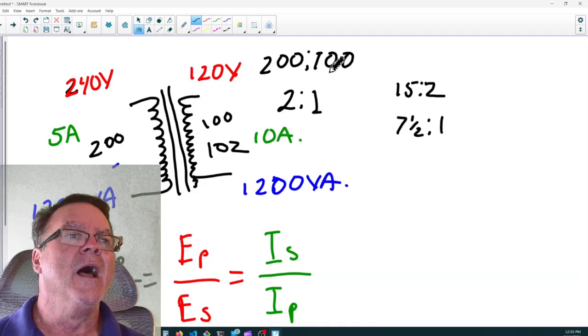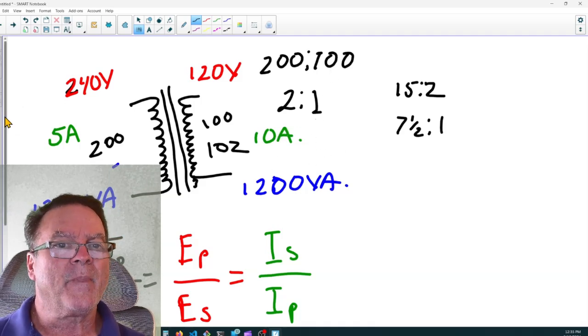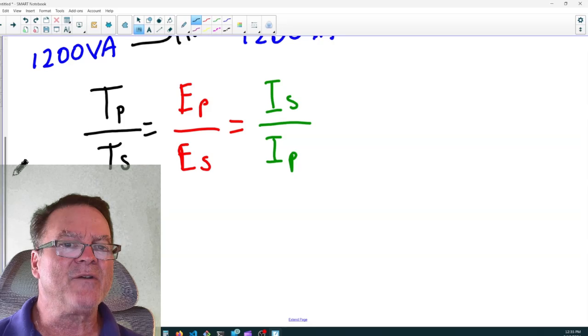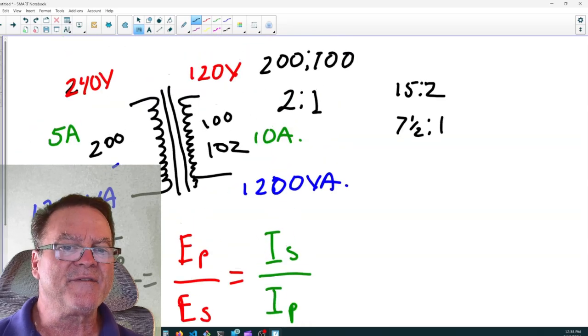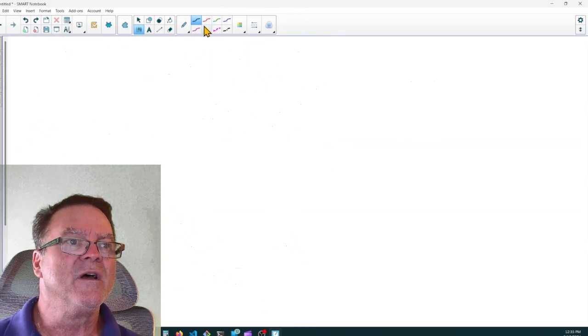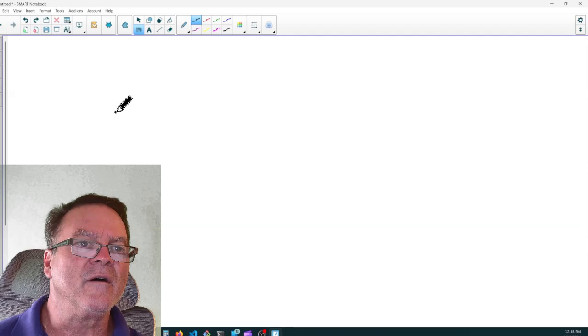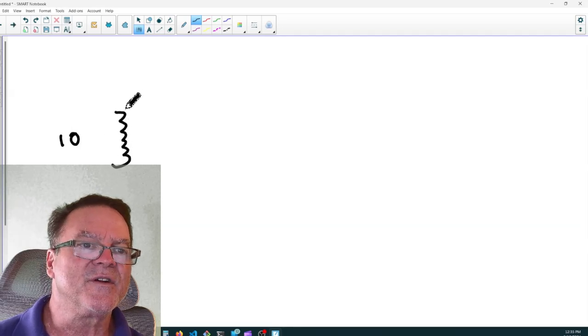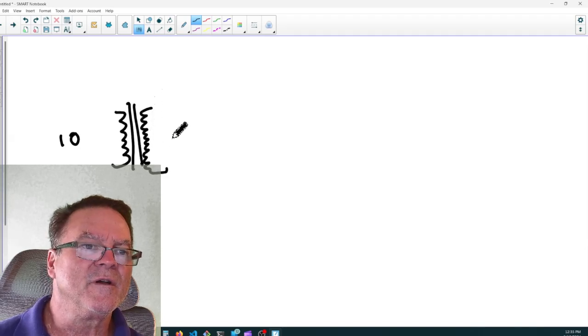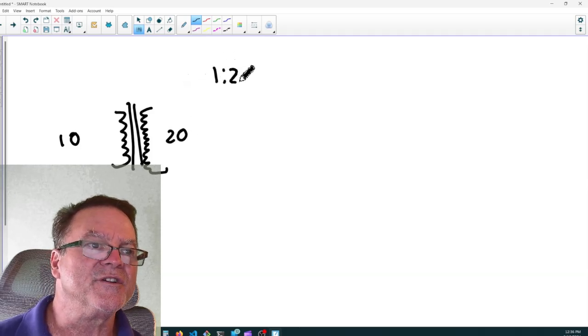So that's a step-down transformer. We also have step-up transformers, where if we have, let's say, 10 turns in the primary and 20 turns in the secondary, we have a 1 to 2 ratio.